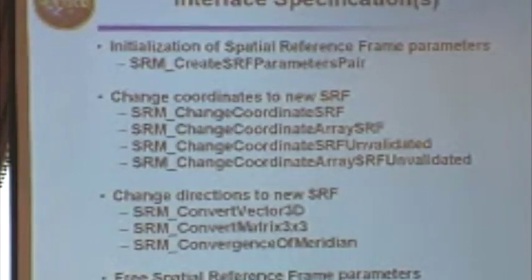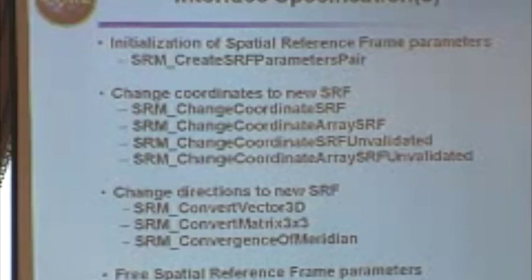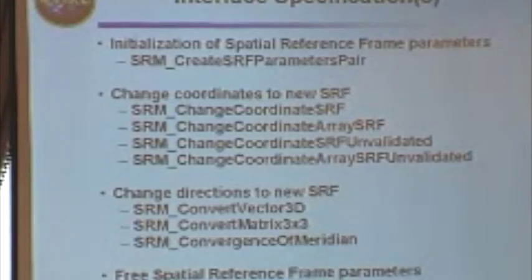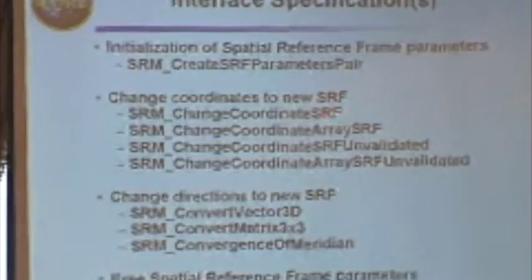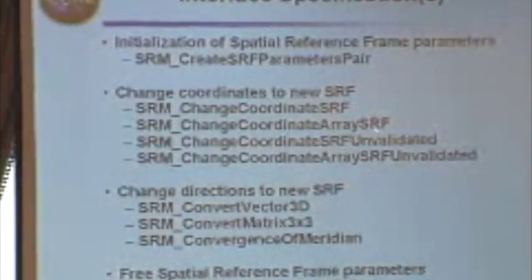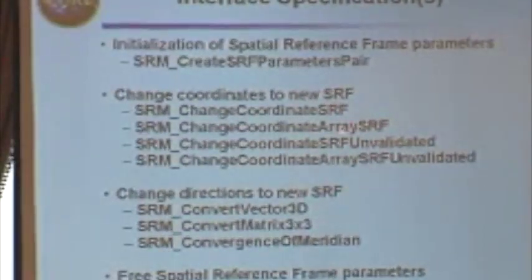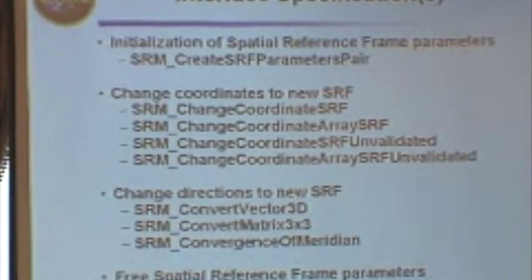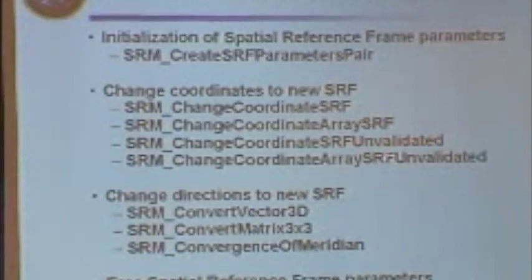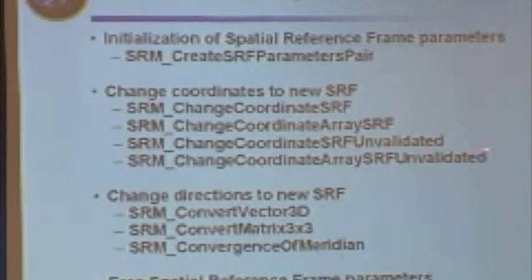It'll certainly involve a conversion, and it may involve both. You can do it for a single location. You can do it for an array of locations. And if you really know what you're doing and you trust your data, you can do it without bounds checking for speed.